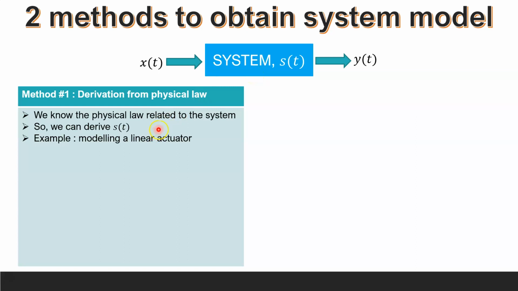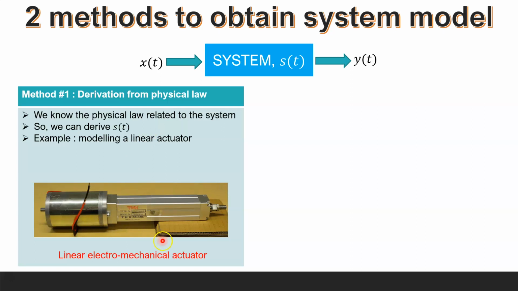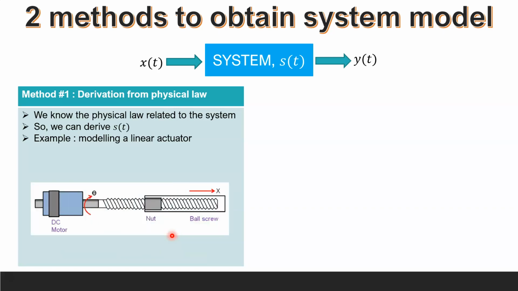For example, let's say you want to model a linear actuator, shown in this figure, which is a linear electromechanical actuator. If I represent this system in terms of a block diagram, it will look like this, where you have a DC motor. If we connect the terminal of the DC motor to a voltage, maybe plus minus 2 volt, the voltage will induce armature current, and this current will rotate the shaft of the DC motor.